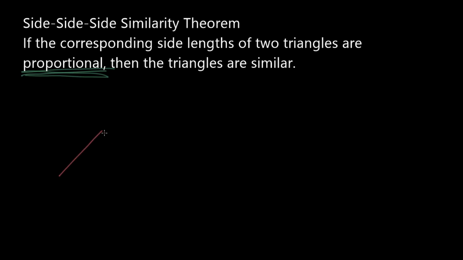If I have a triangle again, so here's a triangle. This is triangle ABC, and I have another triangle, which is triangle DEF. All I need to show that these two triangles are similar to each other is that each pair of corresponding sides are proportional.